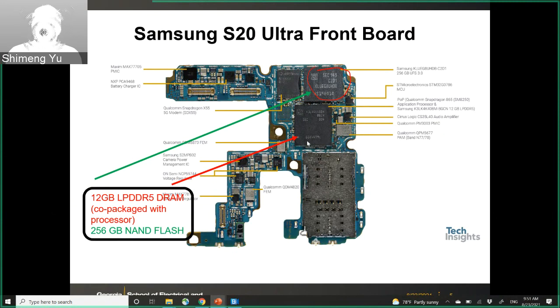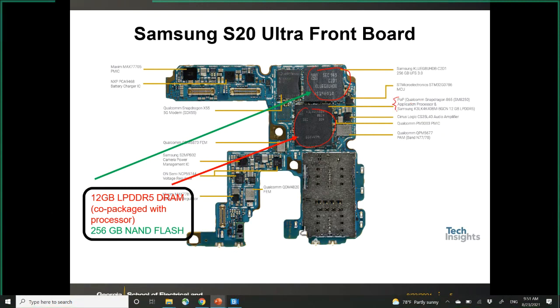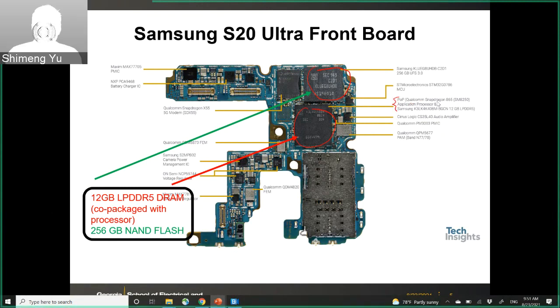And then this chip here is your processor and the DRAM packaged together. In this package, you have two chips packaged together.